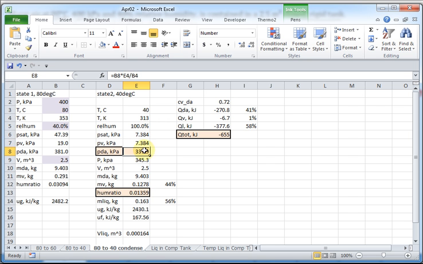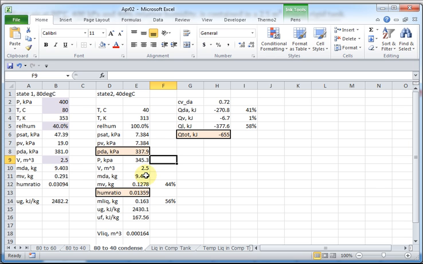So the dry air changes like an ideal gas, like it did in the first case. But the total pressure now is calculated by summing the vapor partial pressure and the dry air pressure. So it actually dropped a little more rapidly than if it would have stayed all in the ideal gas, because some of it condensed, some of the vapor condensed.